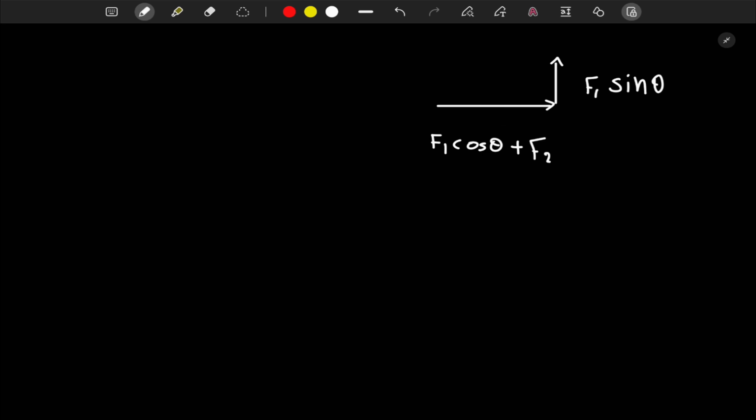So the resultant force will be something like this. Now we can see that this has become a right triangle. So to calculate FR, we just use the Pythagorean theorem.